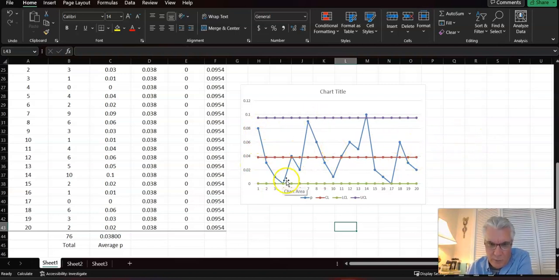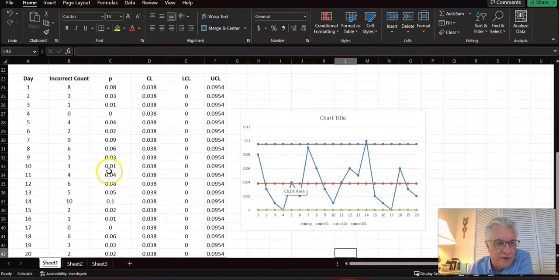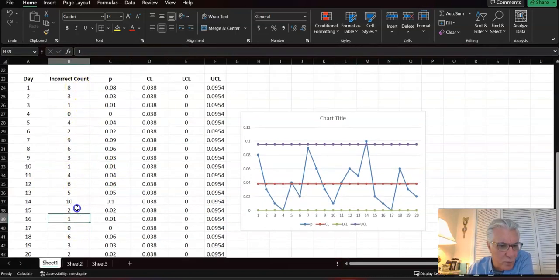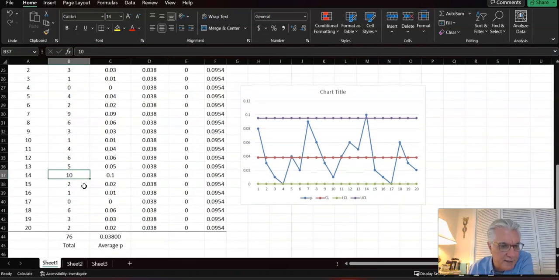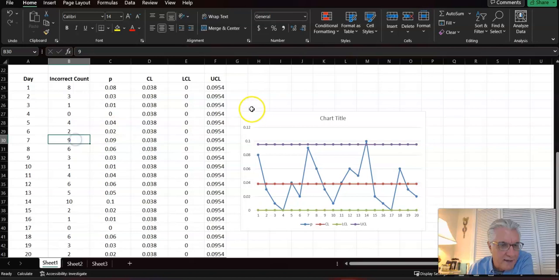Because even though they're within the upper control limits and the lower control limits, this is just all over the place. There's no consistency. And to use lessons in real life, if you go back to the data and you see you're getting incorrect counts anywhere from 0 and 1 and 2 all the way up to 10 and 9, that is a pretty wide range right there of incorrect counts out of 100 samples.